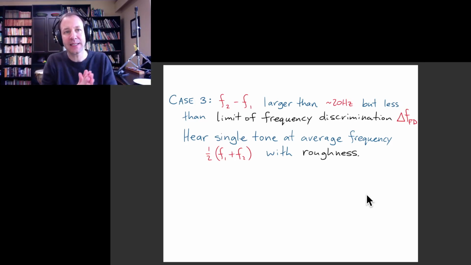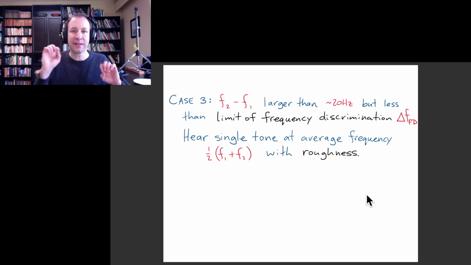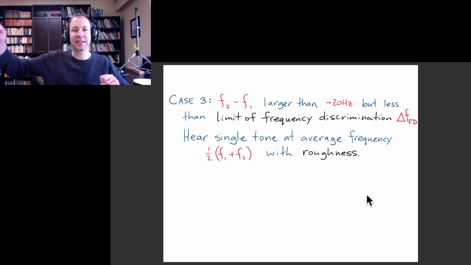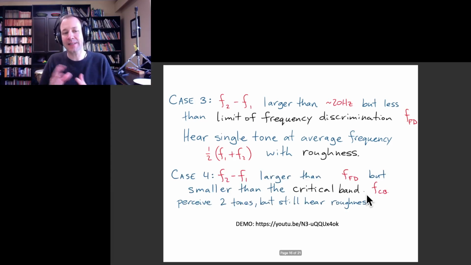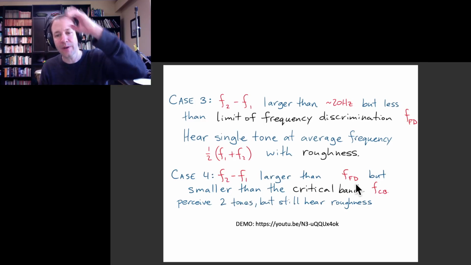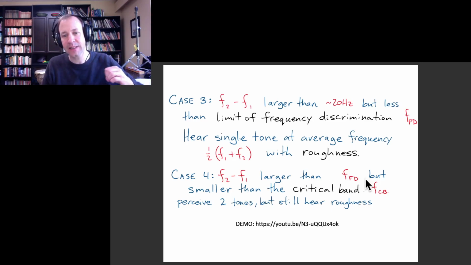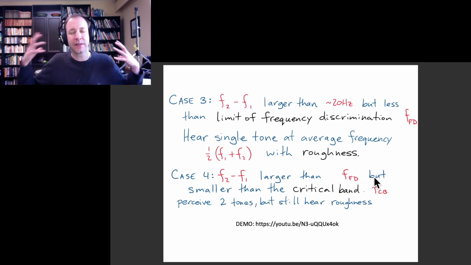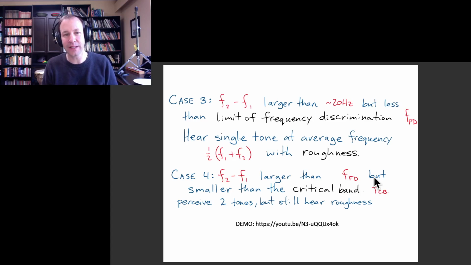The place where we start to hear those two separately is called the frequency discrimination limit. That's just a particular difference in frequency where above that you hear two tones instead of just one tone. So that would be the next case as we increase, that we would get above the frequency discrimination limit and we'll hear the two tones, but then we still hear this roughness that originally was related to the beats.